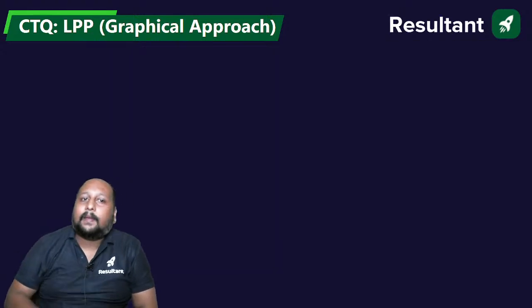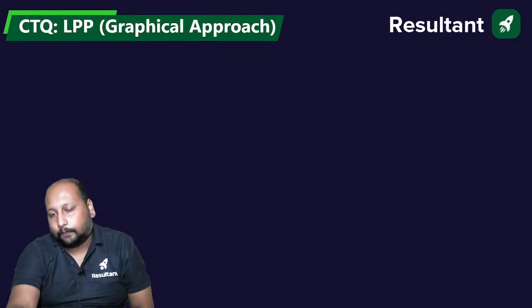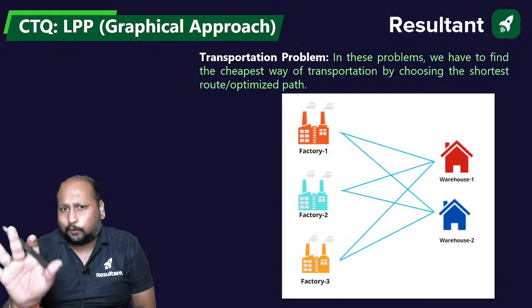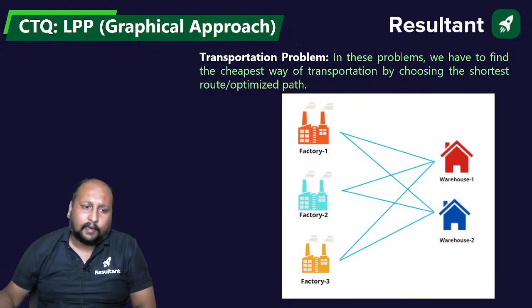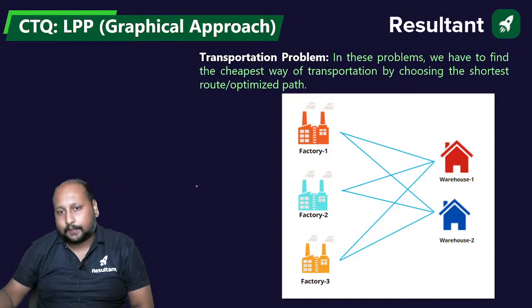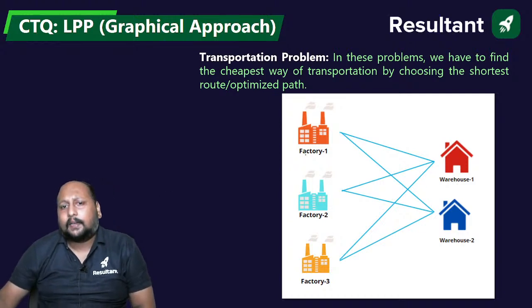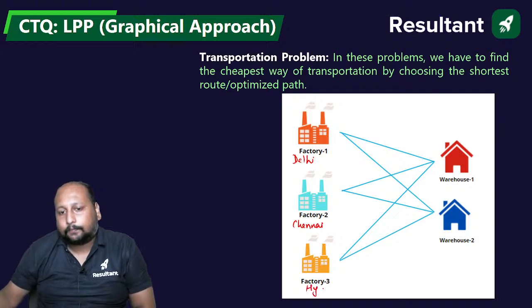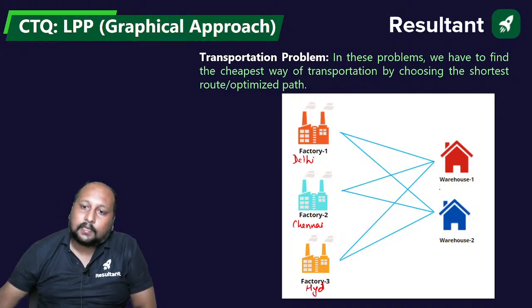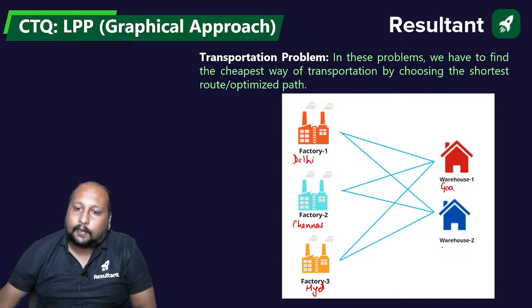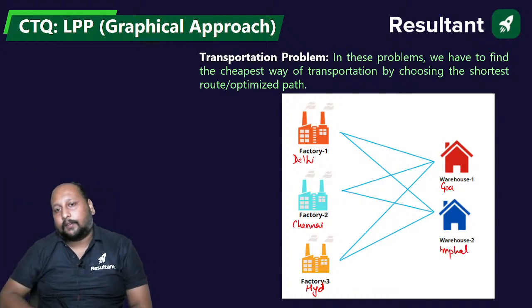Now, for any linear programming problem, we already saw the transportation problem. Let's try to understand it for a better understanding. Let's say we have a factory in Delhi, one in Chennai, and one in Hyderabad, and the warehouses are in Goa and, let us suppose, Imphal.